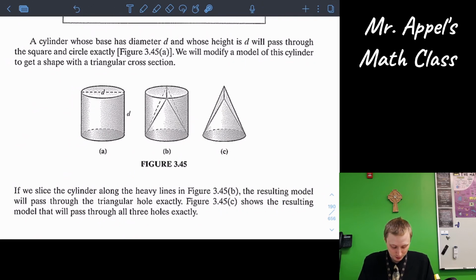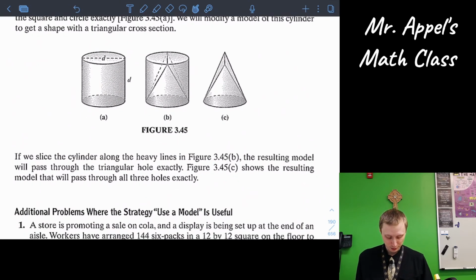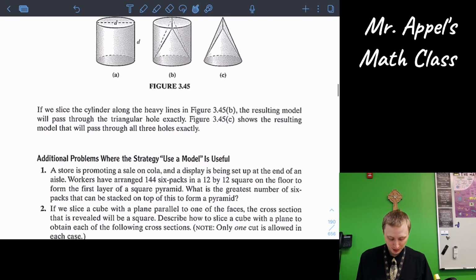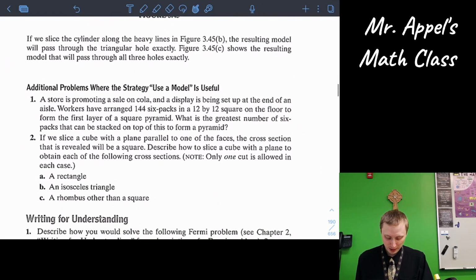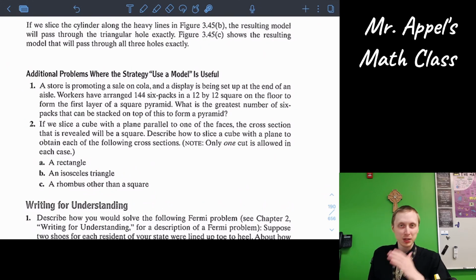Figure C shows the resulting model that will pass through all 3 holes exactly. It's a little tough to visualize. This is a 3D object, only 2D pictures. Hey, if you would like some additional problems where using a model is a useful strategy, and particularly a physical model, if you have pencil and paper and tape and glue or modeling clay or pipe cleaner, something to build with, this can be very helpful to help you solve these problems.